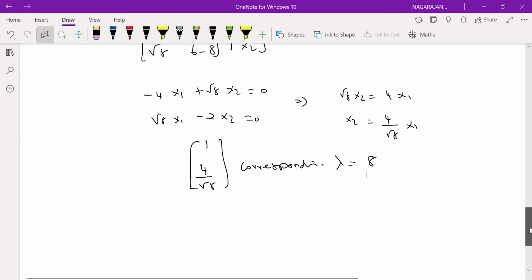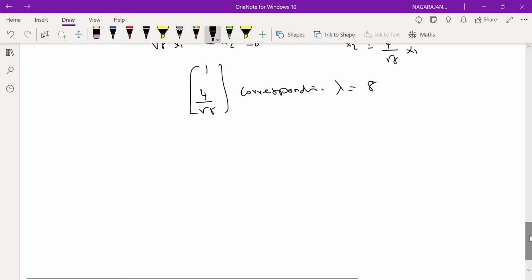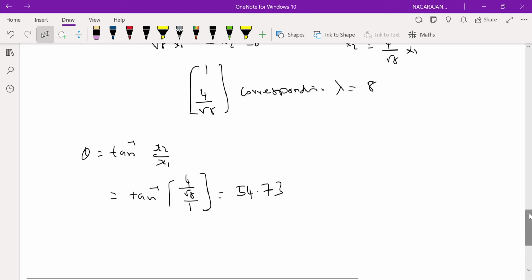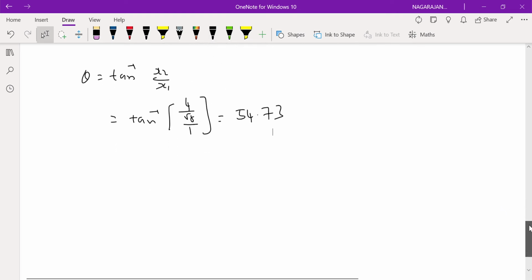So now find theta. Tan inverse of x2 by x1, that is tan inverse of 4 by square root of 8 by 1. Using the calculator, the angle is 54.73. So 54.73 in the first quadrant, and 144.73 in the second quadrant. These are the principal direction angles.